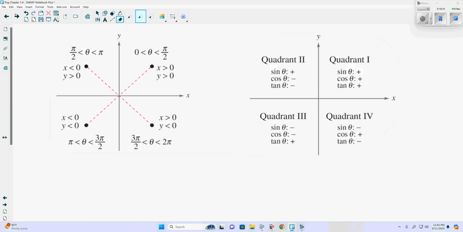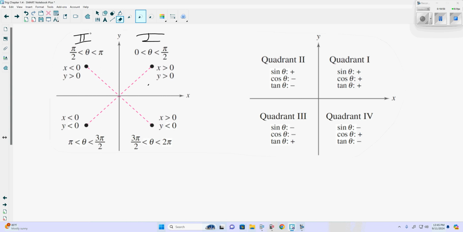Now this next part, we do have most of this on the unit circle, because the unit circle does have all this information of where our points are. In the first quadrant, x and y are both positive, because we're in the positive x, positive y spot, and the angle is between 0 and pi/2, 0 and 90.